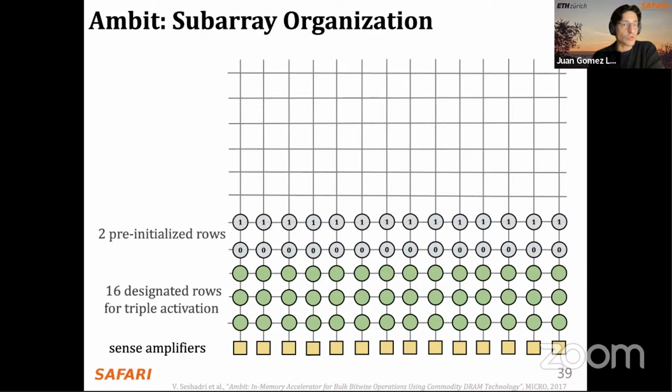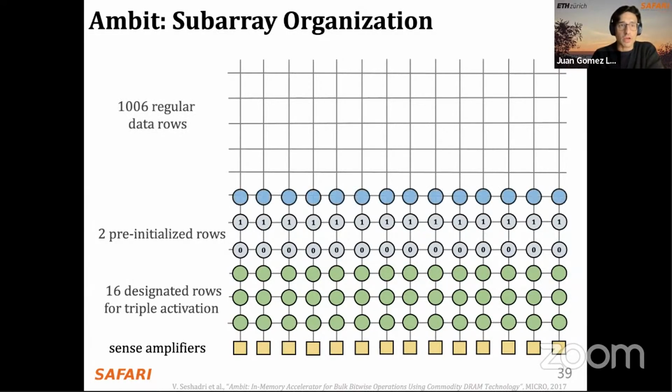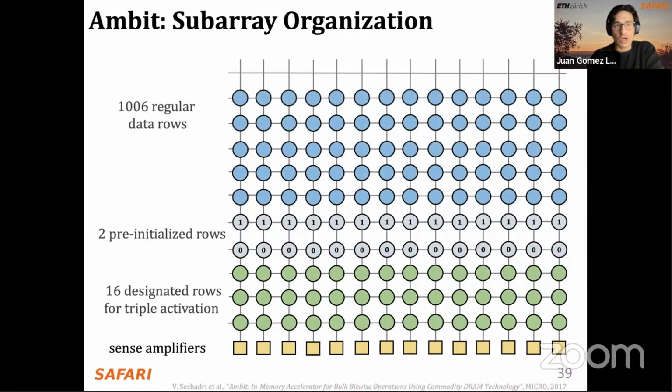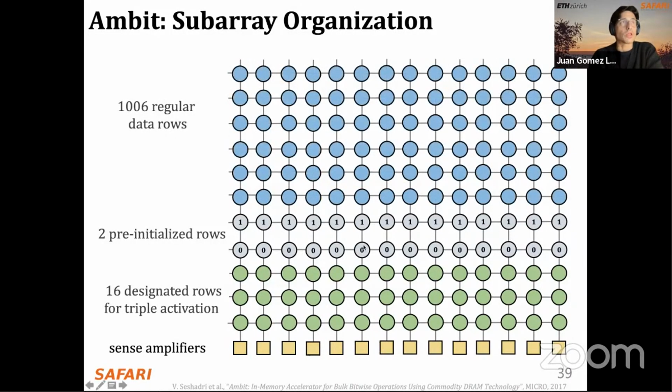Then we have 2 rows that are pre-initialized with 0s and 1s, depending on whether we want to execute AND or OR. And the rest of the rows are regular data rows where we store the data. So when we want to operate using these designated rows, the first thing to do will be to move the data from the regular rows to the designated rows.